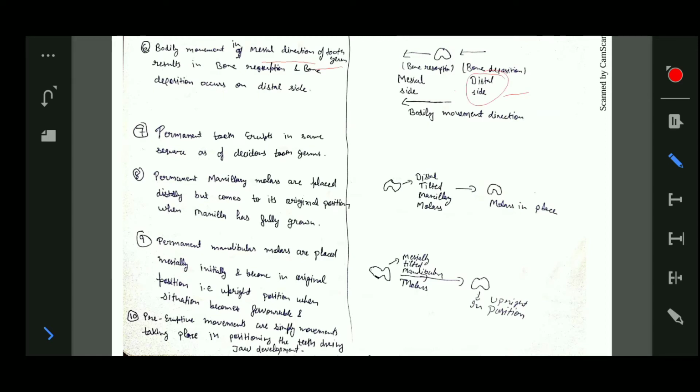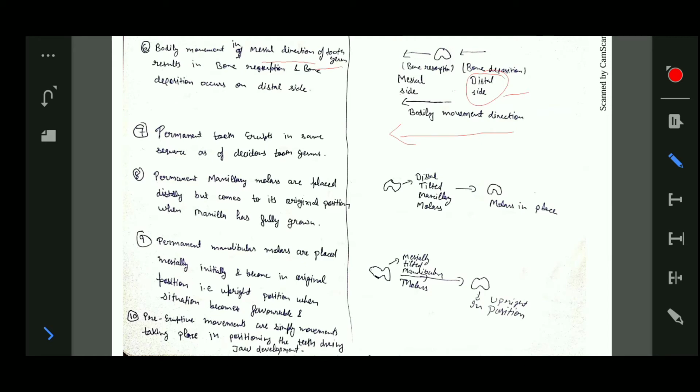As you can see in this diagram, our tooth germ is moving mesially, resulting in bone resorption, and on the opposite distal side, bone deposition is occurring. So this was the case in the deciduous teeth.